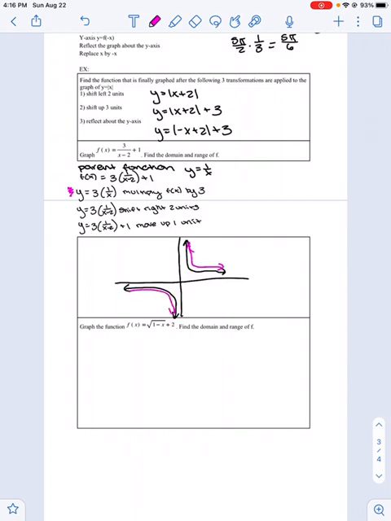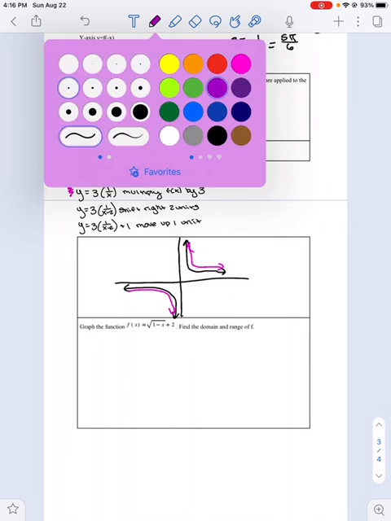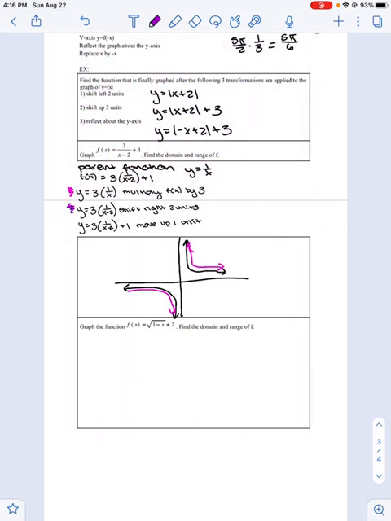And then our moving right 2 units, I'll do in purple. So I'm going to move it over right 2 units.